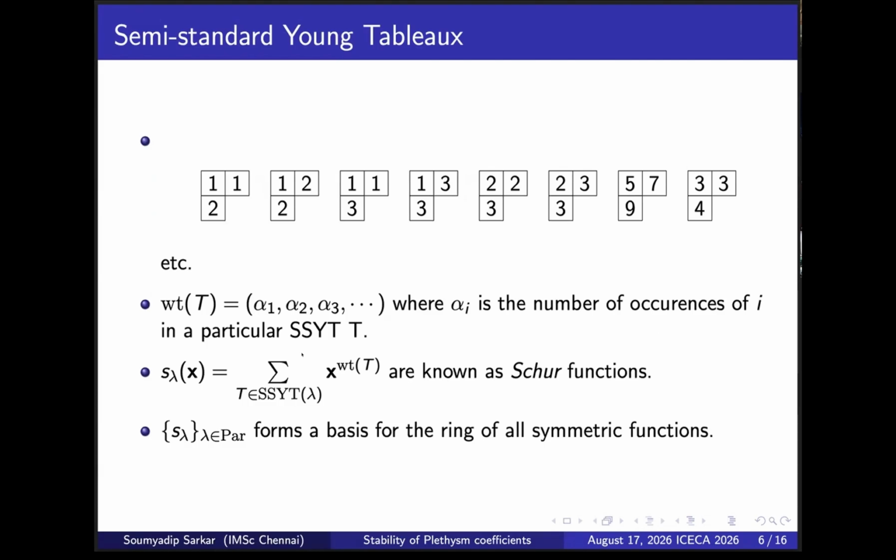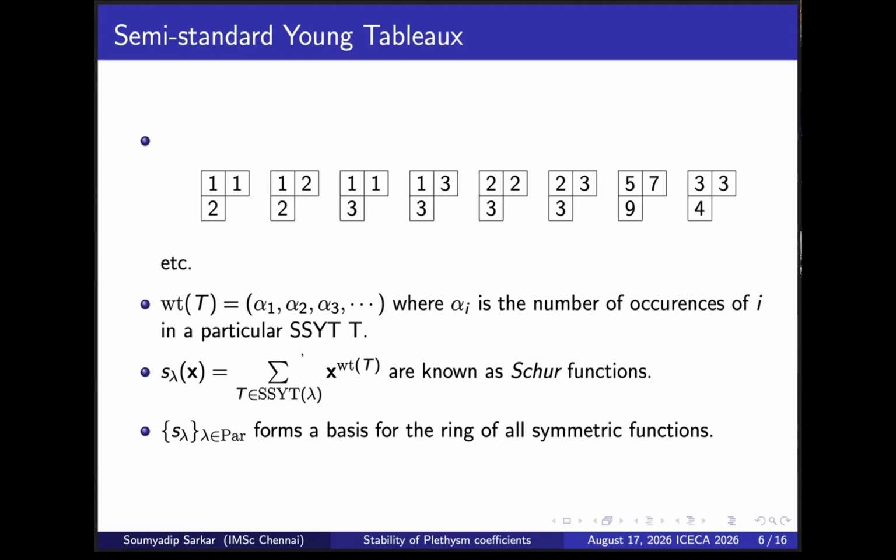You fill them in the following manner: the numbers in a row are weakly increasing, and the numbers down a column are strictly increasing. And corresponding to each diagram, you have a weight vector alpha_1, alpha_2, alpha_3, and so on. So what is alpha_i? Alpha_i is the number of occurrences of i in a particular semi-standard Young tableau. These tableaux are called semi-standard Young tableaux.